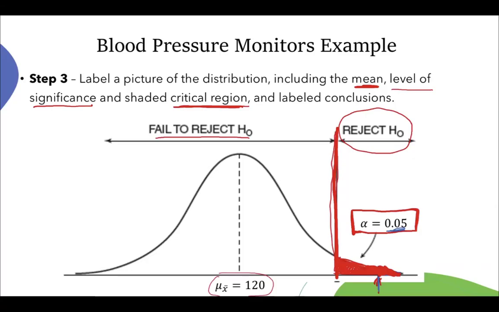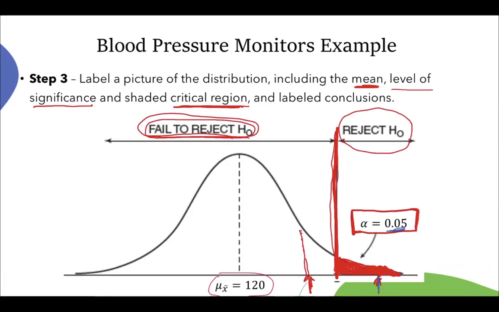So if I got an X bar over here, for example, that would indicate that my p-value, the area to the right of this line, is more than alpha, and that's going to result in a conclusion to fail to reject the null hypothesis.